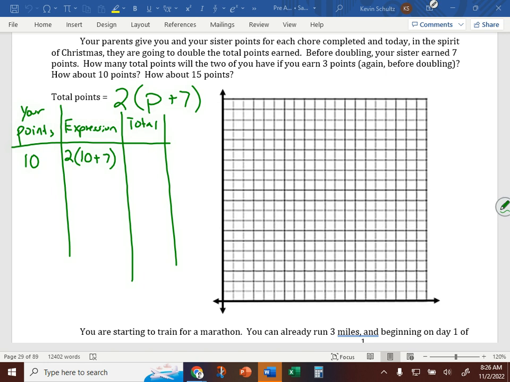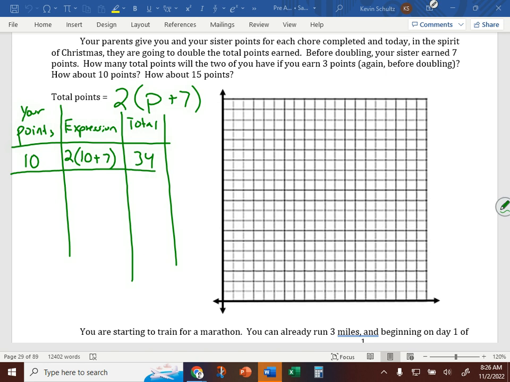How many points do you have in all? So we're adding 10 and 7, then doubling it. How many points is that? 34, right? 17 times 2. The total is 34. Okay?